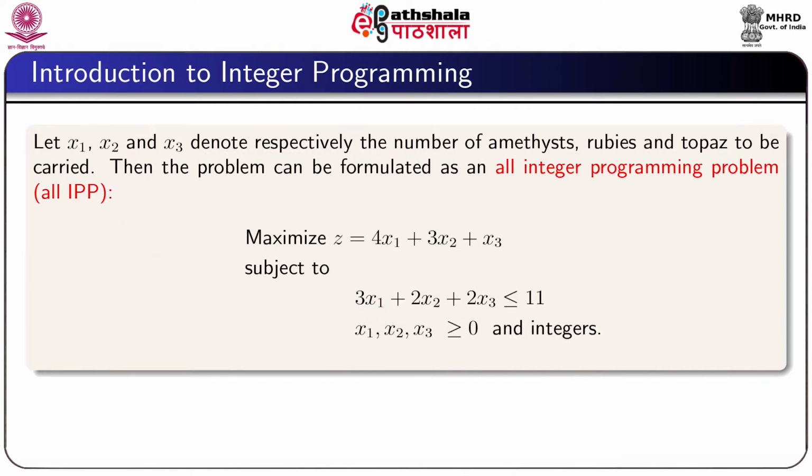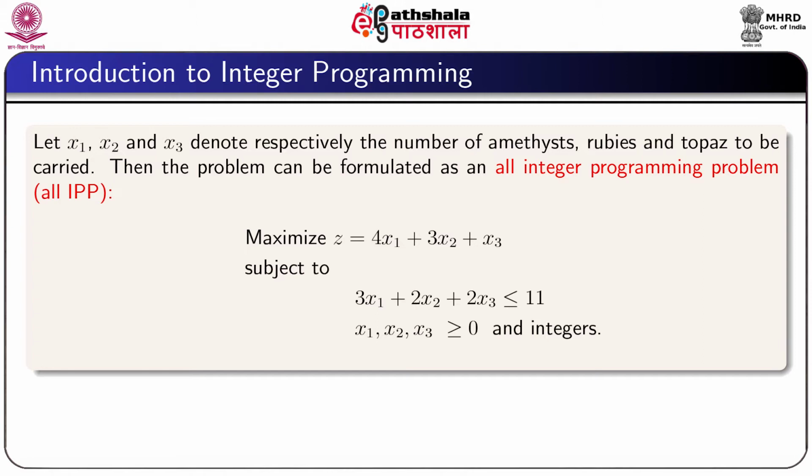To formulate this problem as an integer programming problem, we assume x1, x2, x3 as the number of amethysts, rubies and topaz to be carried.